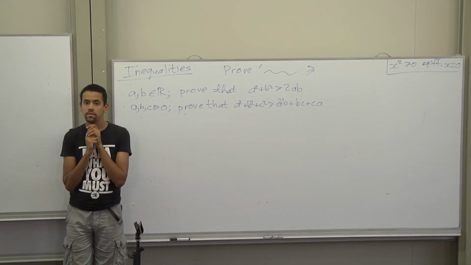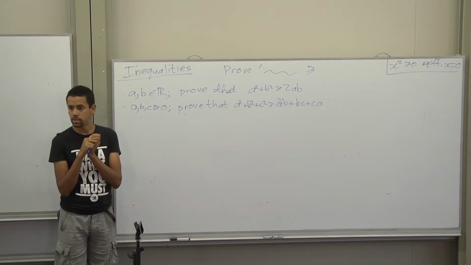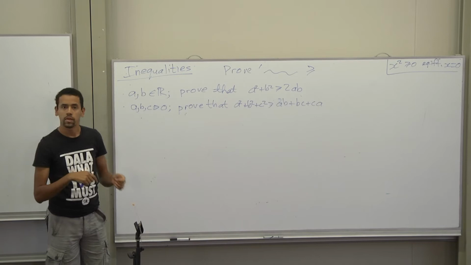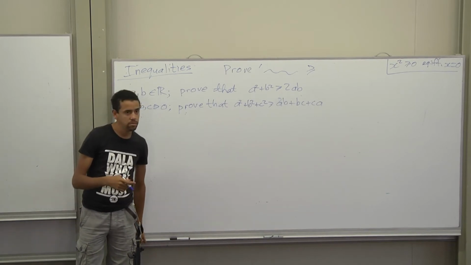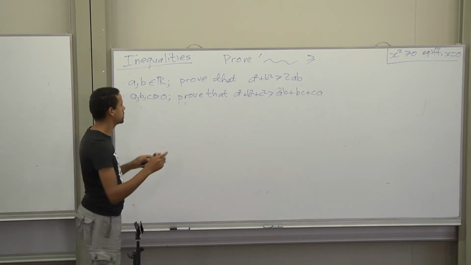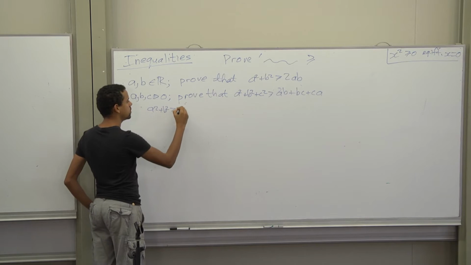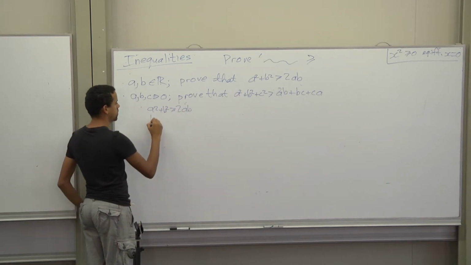Okay, first way to do this is to build it up from the previous example. In inequalities, you often have to build up smaller ones and then get to bigger inequalities. So A squared plus B squared is greater than or equal to 2AB.